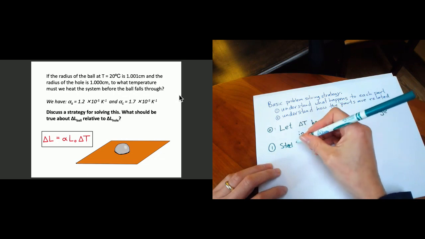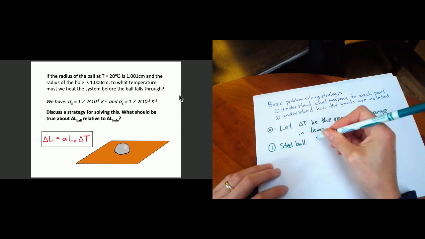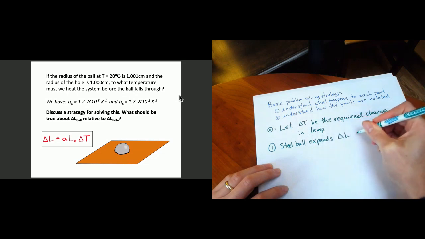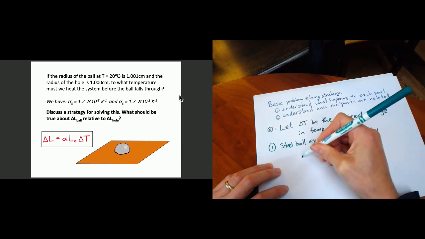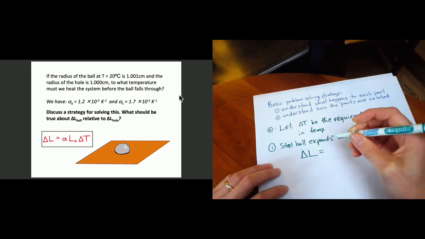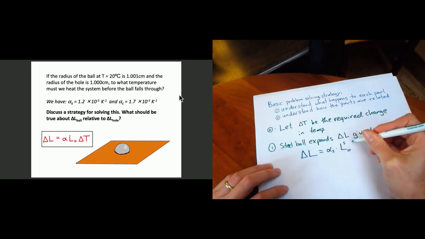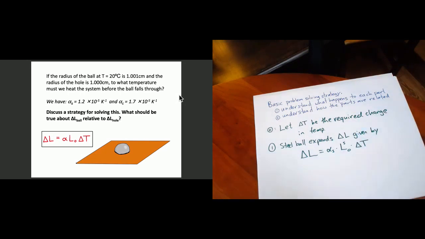So we can say that the steel ball expands an amount delta L given by our thermal expansion formula. So delta L equals alpha steel times L0 steel times delta T. And so we know everything in that equation except for delta T. If we knew delta T, that would tell us delta L.